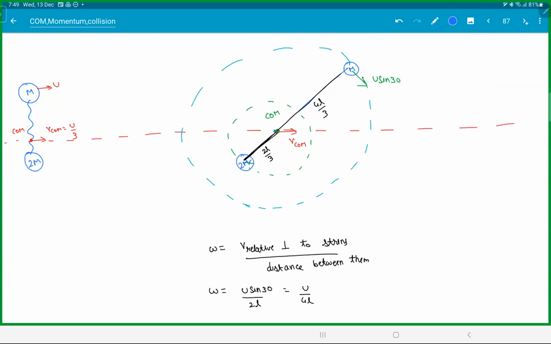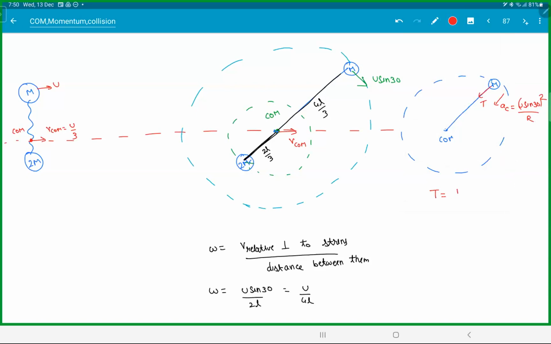Now be careful. When you want to find tension, you always have to do it from the center of mass. So the center of mass will think this particle M is going in a circle where the force is tension. I can write the centripetal acceleration AC will be how much? U sine 30 whole square by radius.